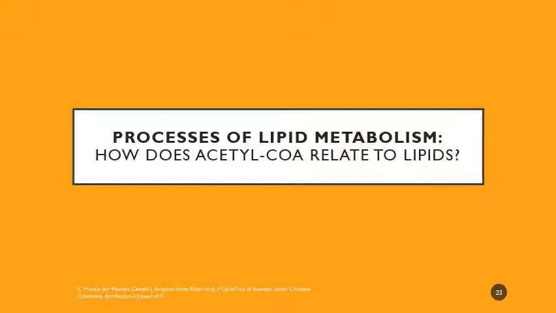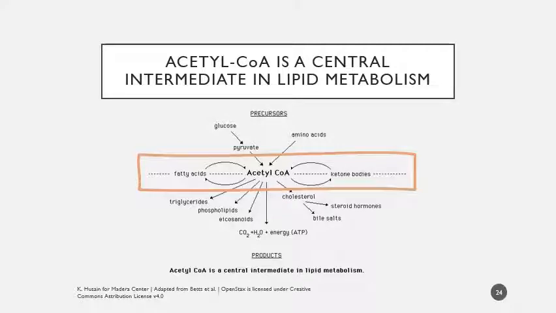So we know there's a direct relationship between acetyl-CoA and carbohydrates, but there's also a relationship between acetyl-CoA and lipids. So acetyl-CoA is actually called a central intermediate. It's this in-between stage of a lot of steps of lipid metabolism. So when you're going between fatty acids and ketone bodies, we have acetyl-CoA.